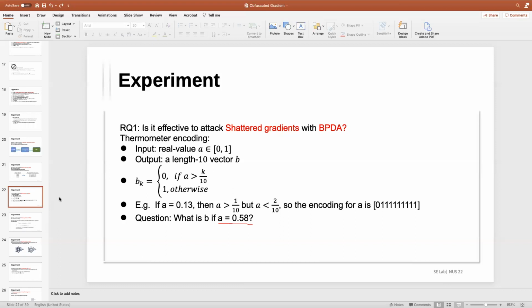Sorry, let me annotate. So you just keep this value, and this 5 means there are 5 zeros, and then you just add 10 minus 5 ones.